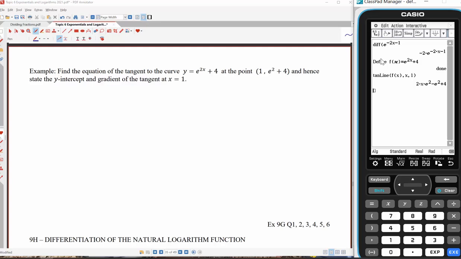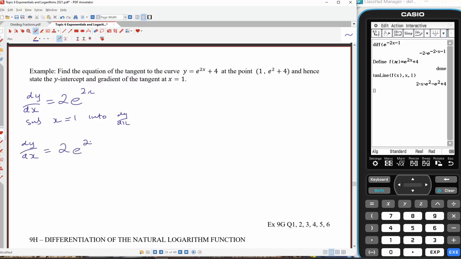Let's just see if we can bang it out by hand. All right, so dy dx equals 2e to the 2x, sub x equals 1 into dy dx. So we're going to get dy dx equals 2e to the 2. All right.